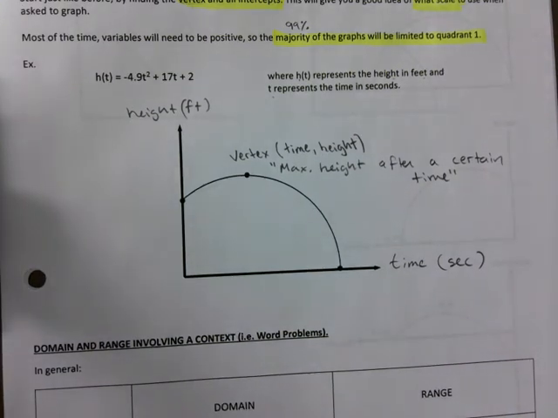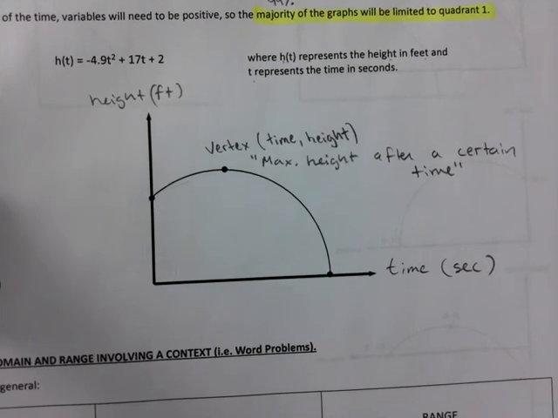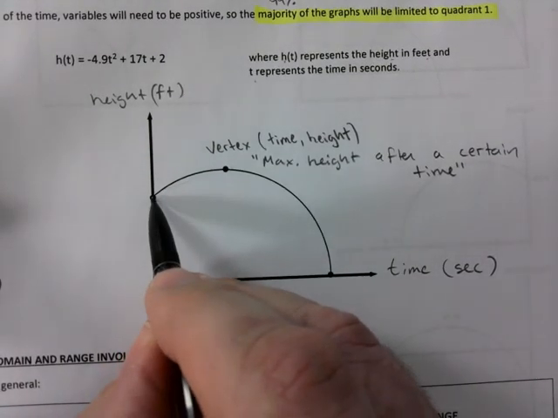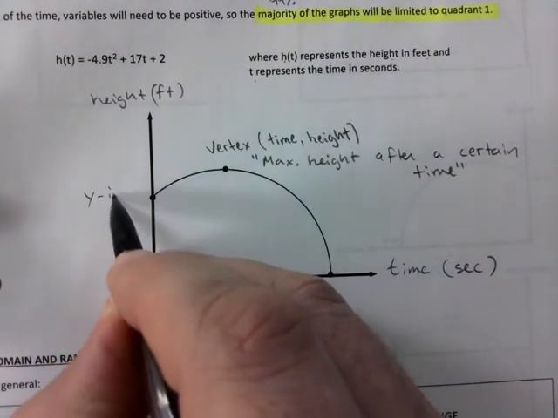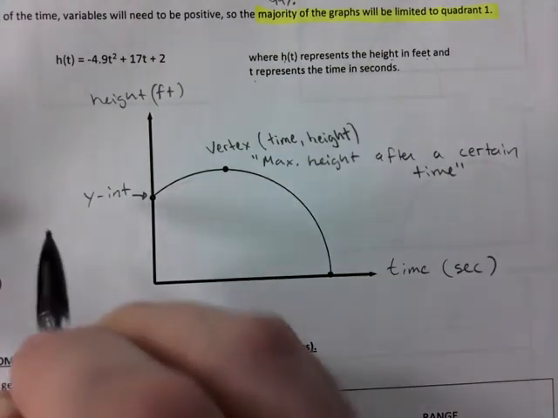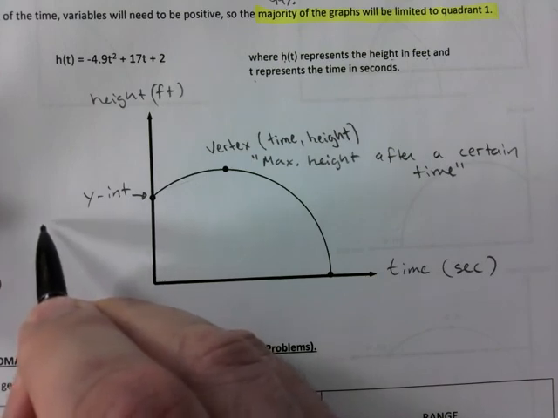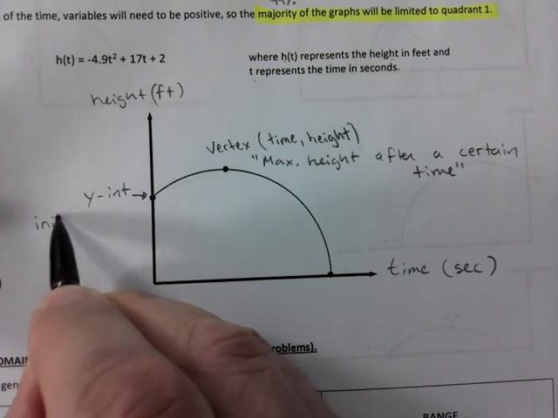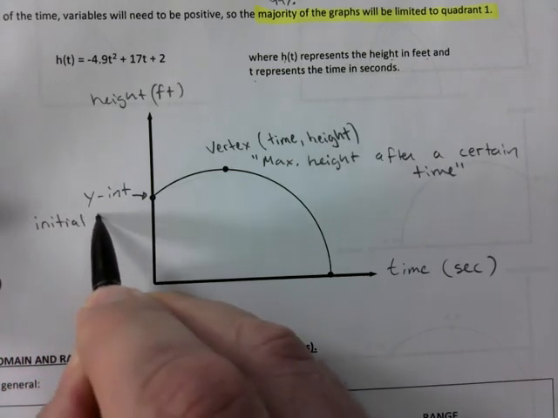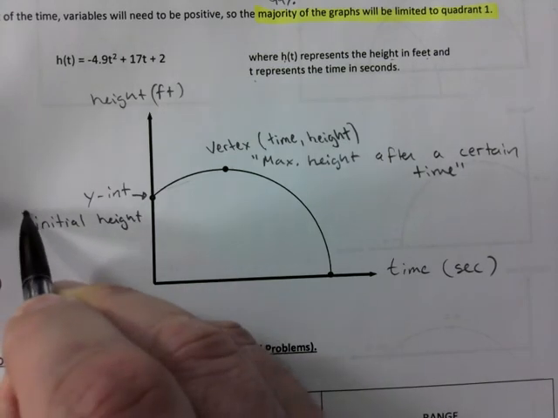I will zoom into that a little bit. This used to be called, or we still call it, the y-intercept. This one right here. But moving forward, it will be our initial height. This is the initial height.